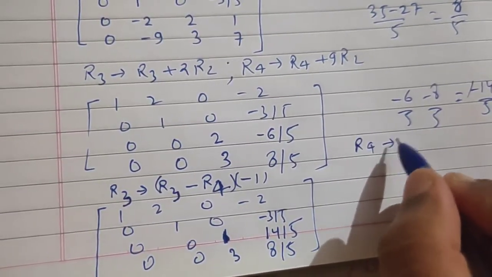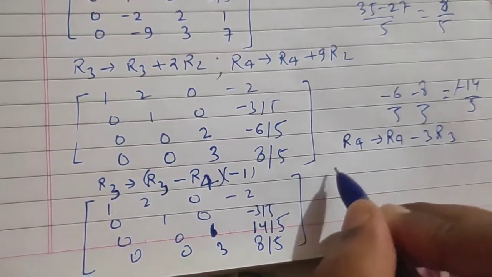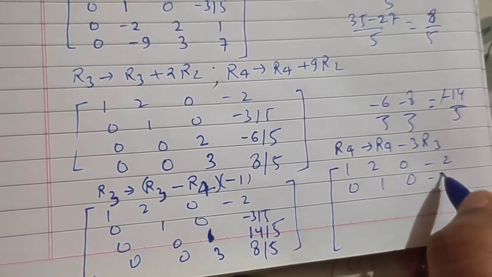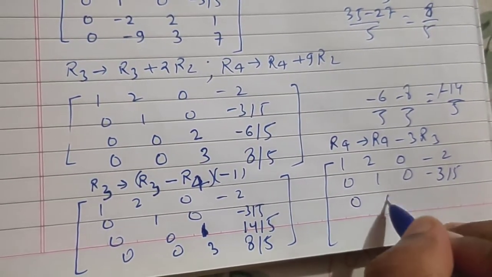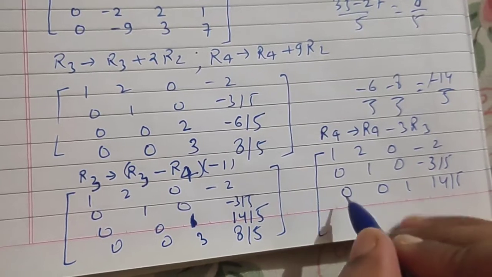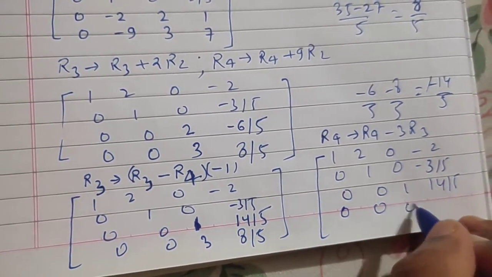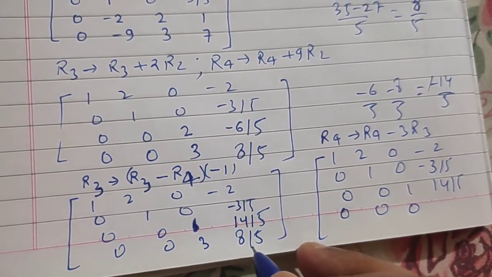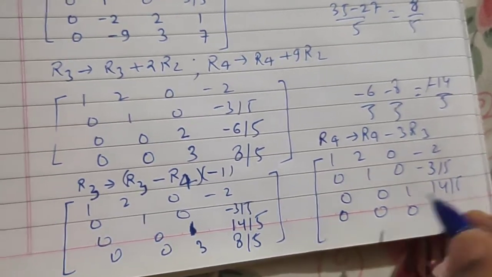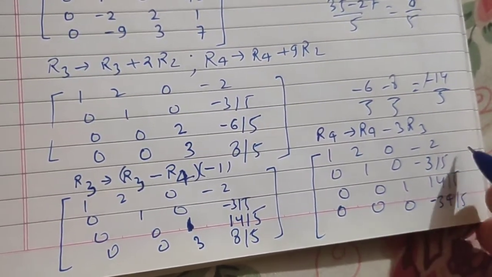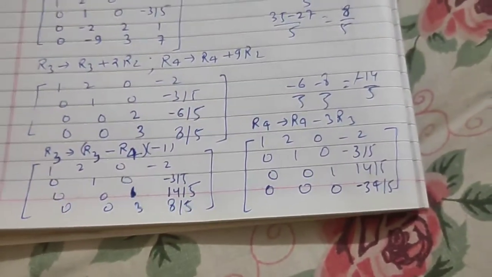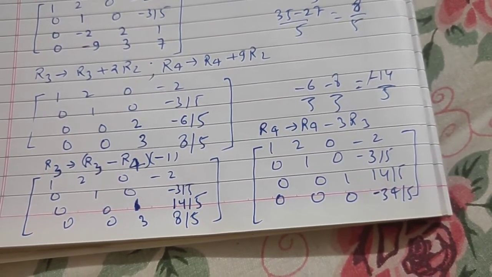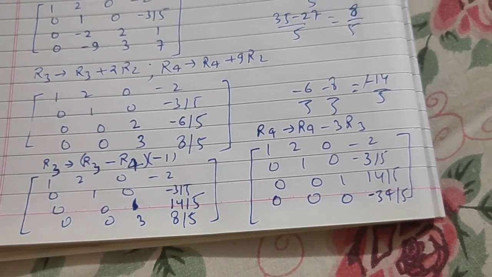So we'll get 1, 2, 0, -2; 0, 1, 0, -3 by 5; 0, 0, 1, 14 by 5, and 0, 0, 0, and thrice of this is 42 by 5. 8 minus 42 by 5 is minus 34 by 5. Now we can't make it further simple. Okay, so that's it, we stop here.